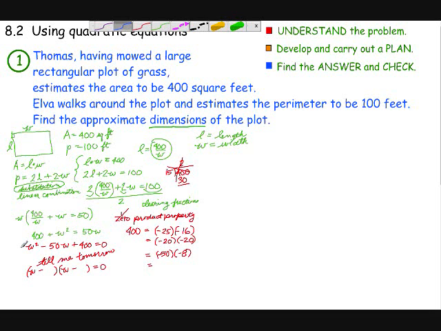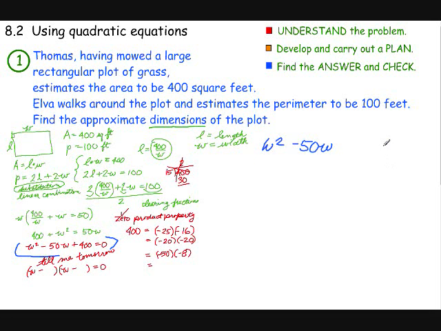So let's go to the formula we were working with right here. I'm going to write it up here. W squared minus 50W, plus, well, forget the plus, W squared minus 50W. Because when I complete the square, what am I going to do with that constant?